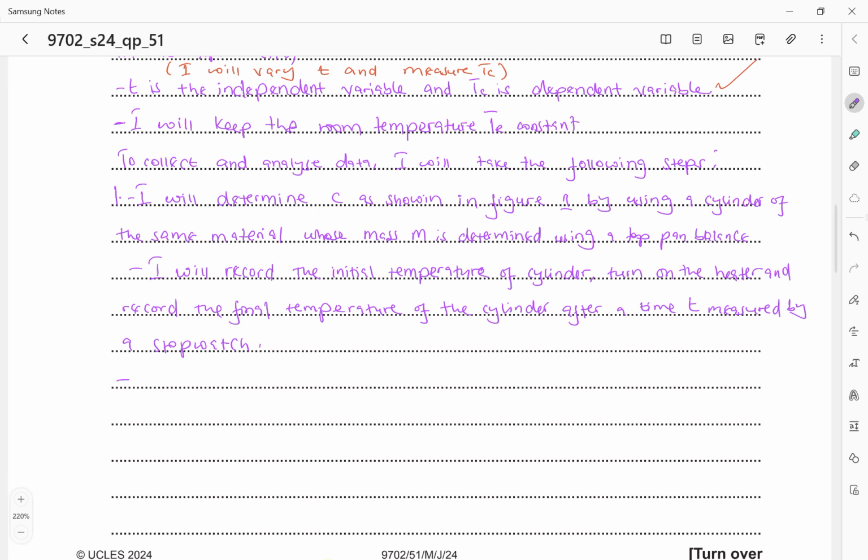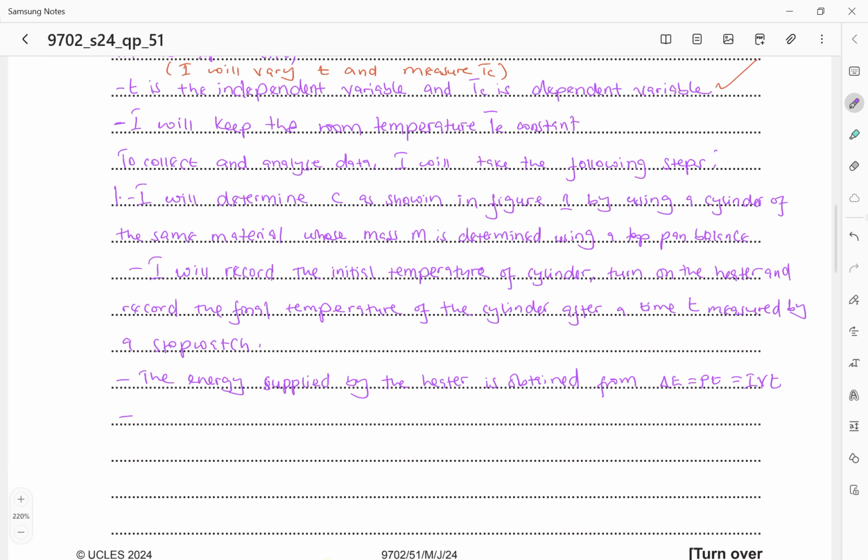So from the readings of the ammeter and the voltmeter, I will get the energy supplied by the heater, which is obtained from energy equals power times time, where power is going to be I times V, because I have an ammeter and a voltmeter, then times T. That is the energy supplied by the heater.